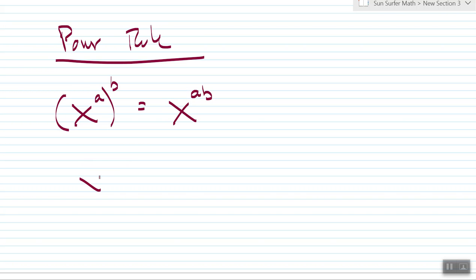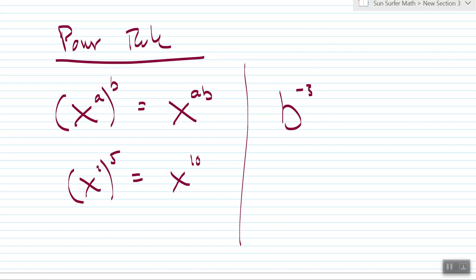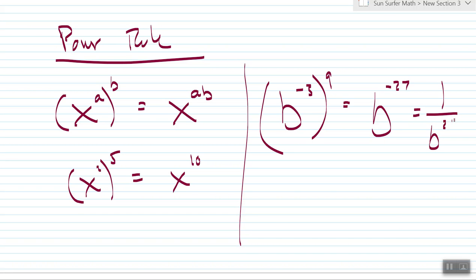So as an example, x squared to the 5th power would be x to the 2 times 5 or 10th. If we have b to the negative 3 raised to the 9th power, well, we simply have b to the negative 27th power. 3 times 9, negative 27, which would be 1 over b to the positive 27.